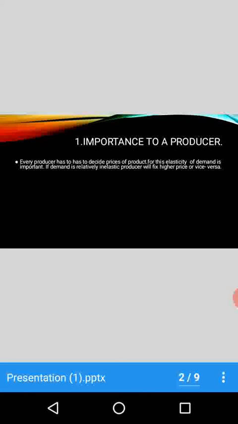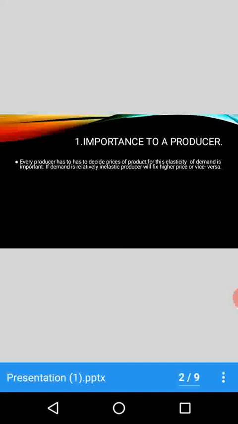So the fall in price is more, but the change in demand is less.